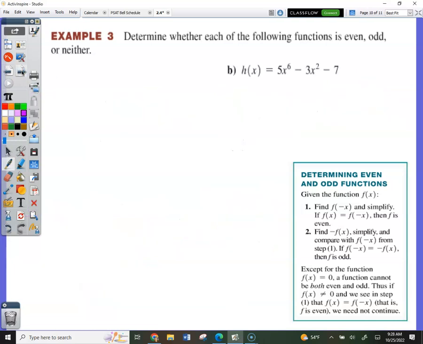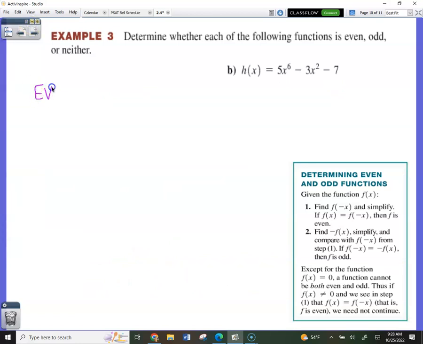So now y'all are checking this one. Check for even. Remember the rule for even. You're just checking if the function ends up being the same after you plug negative x in.